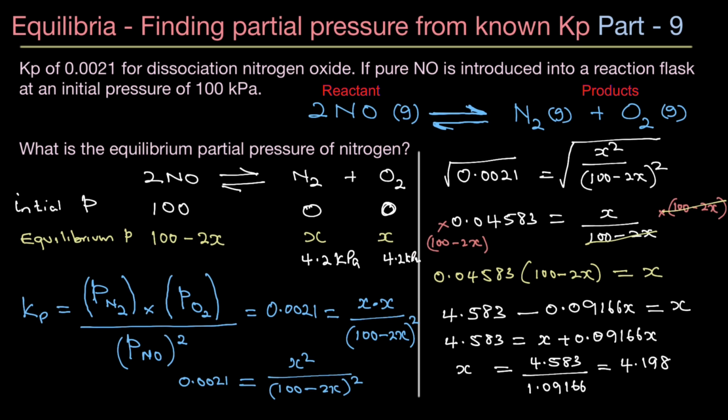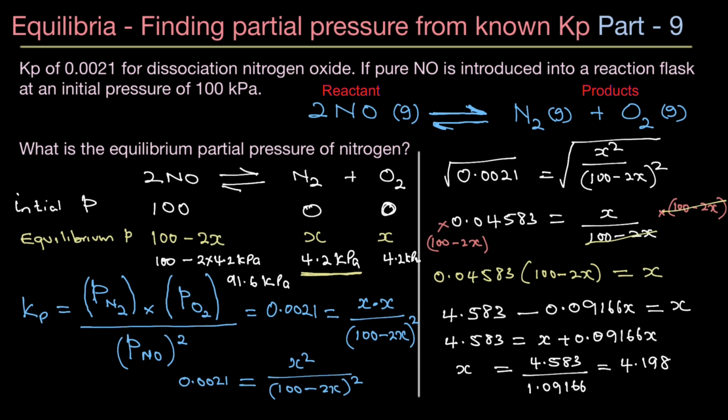And what's left for NO will be 100 minus 2 times 4.2 kilopascal. That would be 100 minus 8.4 kilopascal, which is 91.6 kilopascal. The partial pressure of nitrogen gas is going to be 4.2 kilopascal.